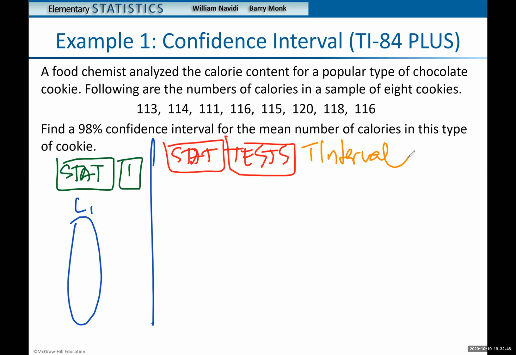This time you highlight data because you entered those data. You will see lists; that should be L1, where you entered your data. Frequency, the default is 1. Confidence level is 98%, so don't forget to change that to 0.98.